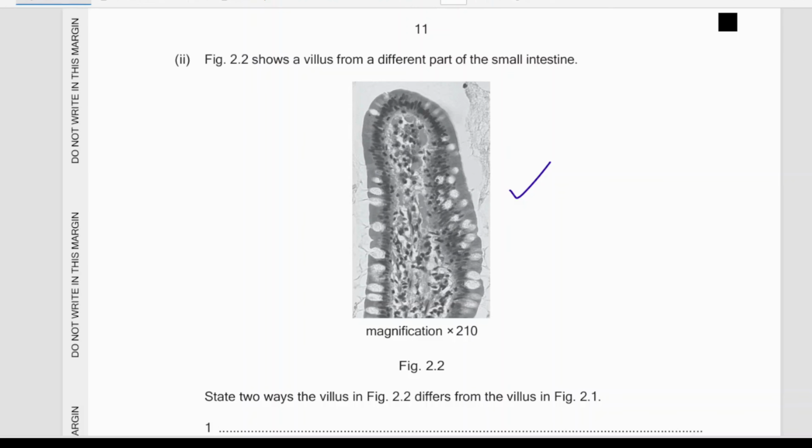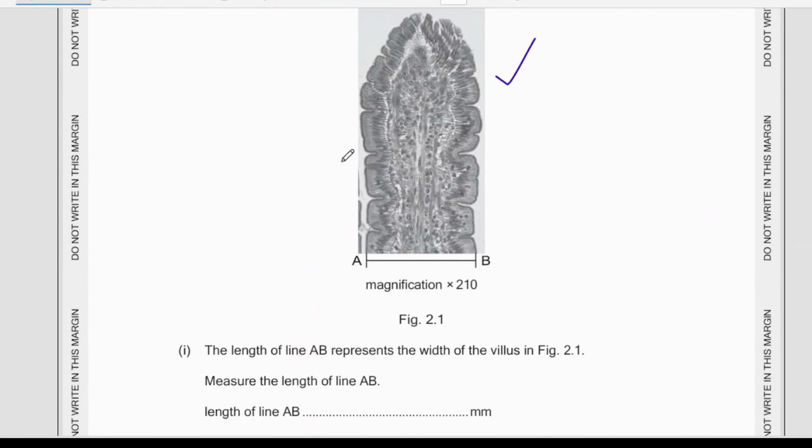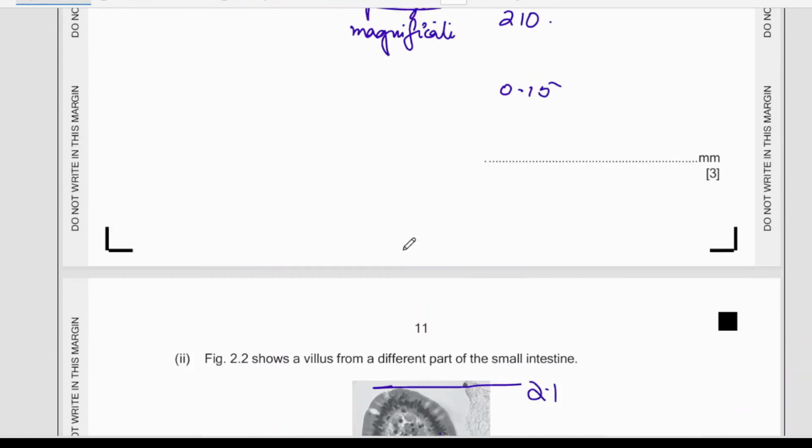Look at the diagram. Okay. It's more rounded at the top as compared to 2.1. What else? What about the nuclei? Look at the nuclei over here and here.